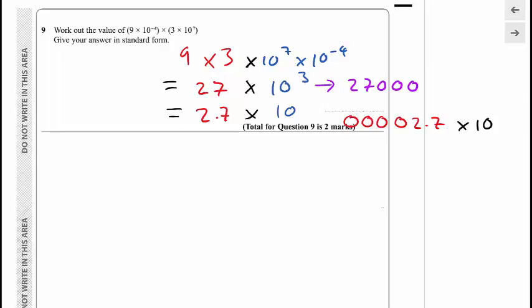If I multiply it by 10, I'm going to end up with 27, so the 2 goes here and the 7 goes here. Then if I multiply by 10 again, it just moves to the left. Then I multiply by another 10, so it moves to there. Then another 10, so it moves to there. That's 27,000. So how many 10s have I multiplied by? I've multiplied by 4. So my final answer is 2.7 times 10 to the 4.